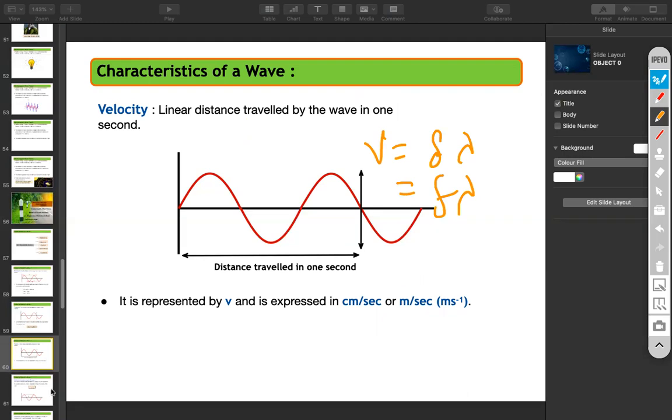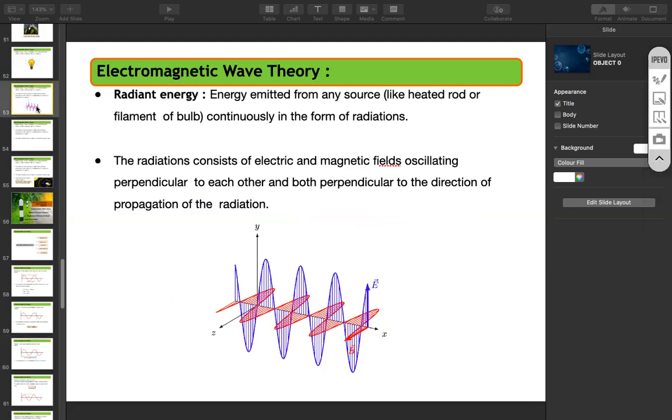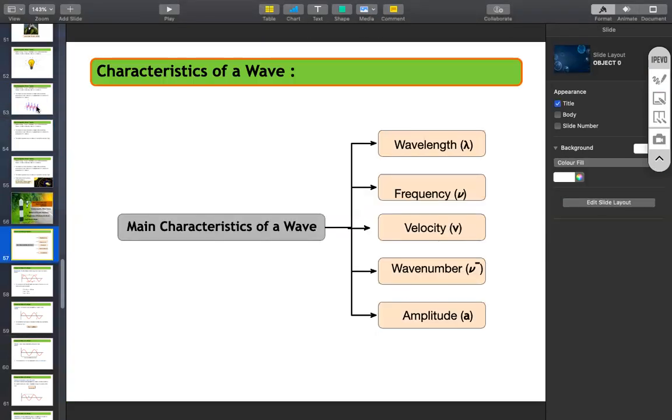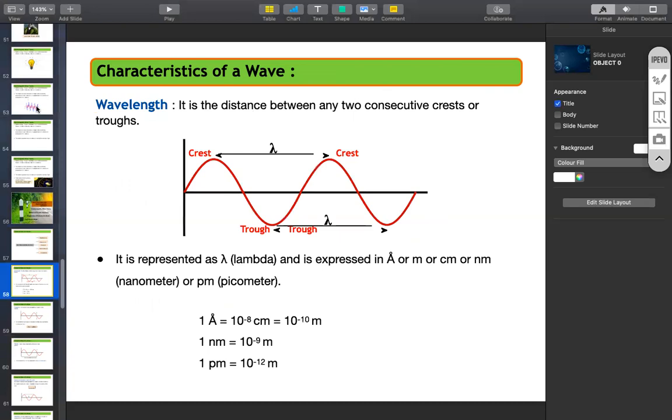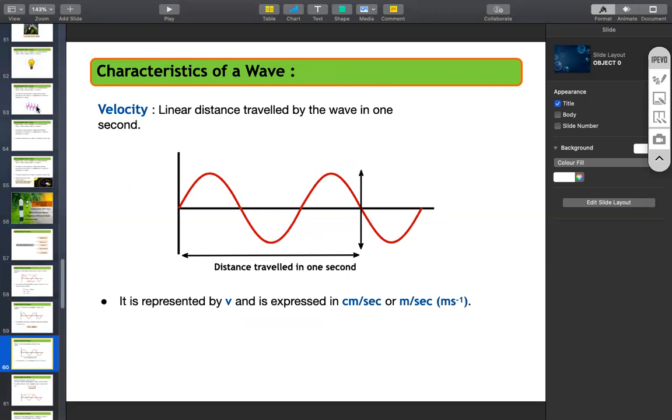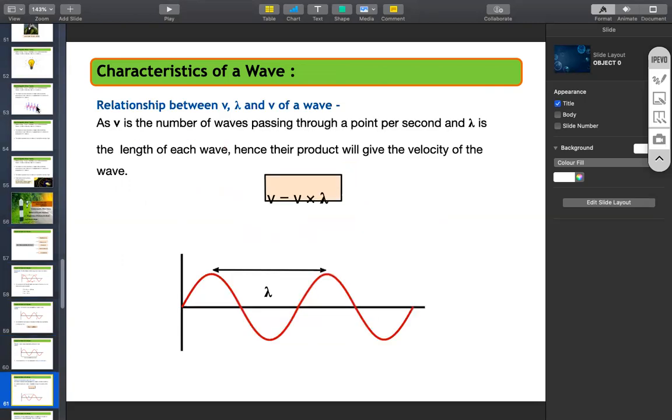Very good, Zayan. So V equals F lambda, clear? Yes or no? I am moving to the next slide.